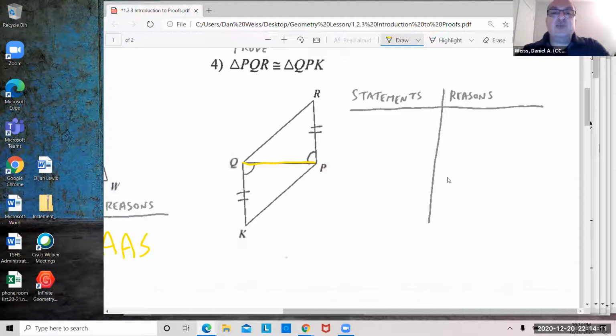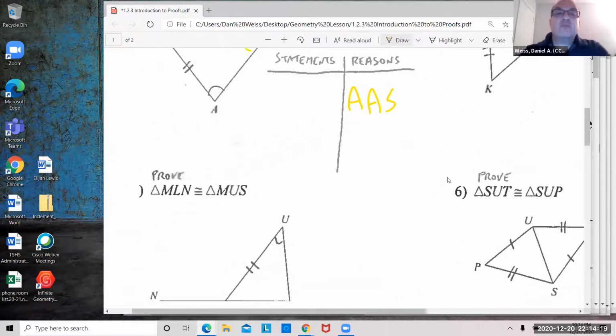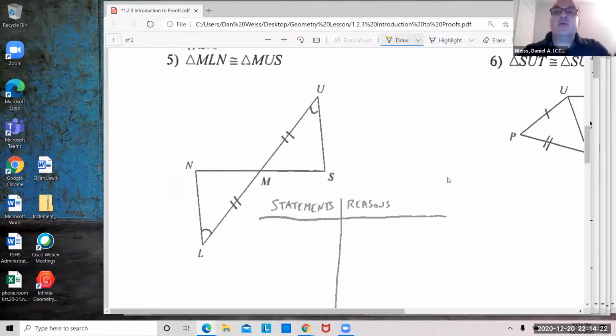So the angle is between the two sides that are congruent. So it's going to be side, angle, side, right? Why are these two congruent? Well, this guy is equal to this guy because of vertical angles. This one's going to be angle, side, angle, because the side is between the two angles.